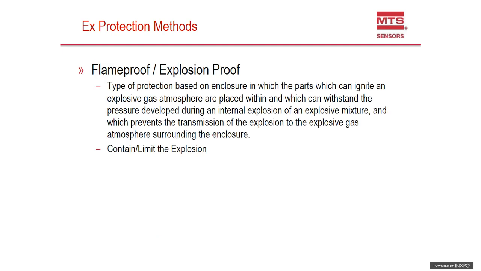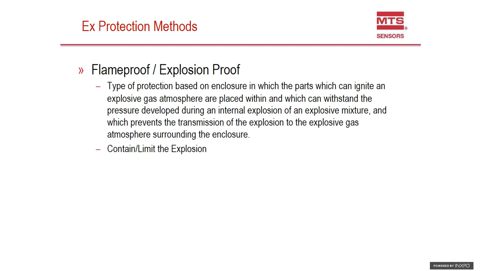Paul went through and talked about the definition of flame-proof and explosion-proof. If you're not familiar with the terms, a lot of times you'll hear these two terms used interchangeably. For the most part in the U.S., the protection method is referred to as explosion-proof, whereas the same protection method is referred to as flame-proof in Europe.